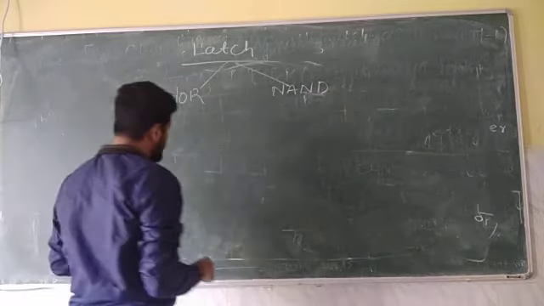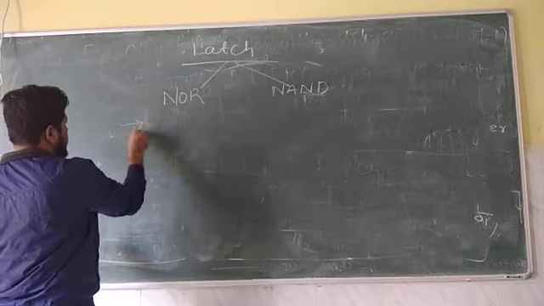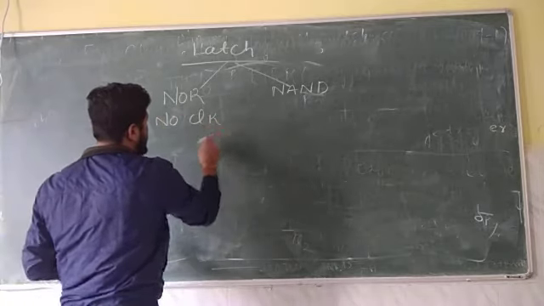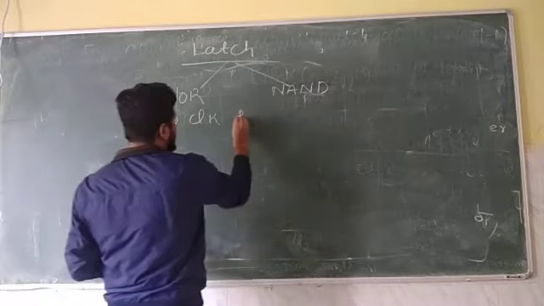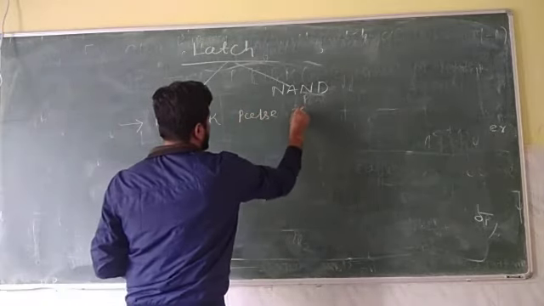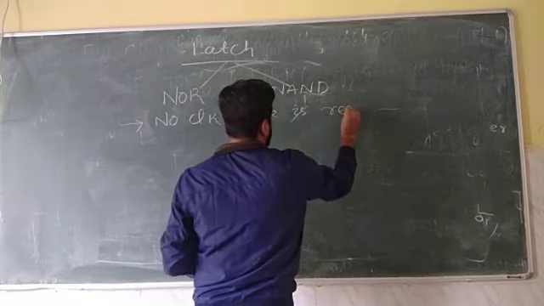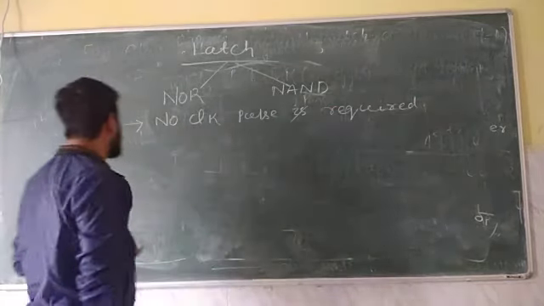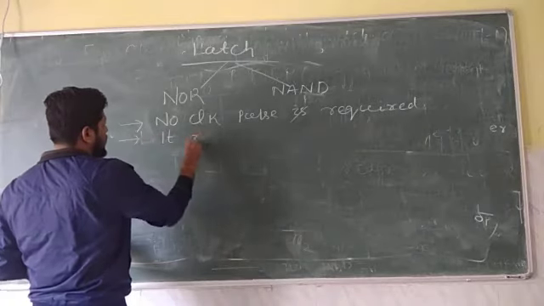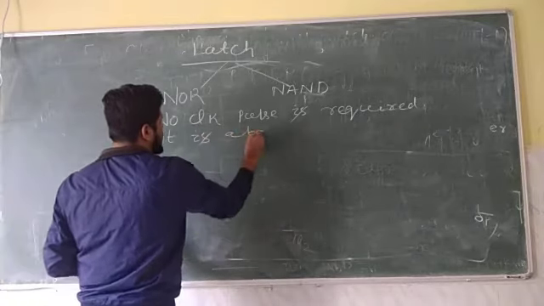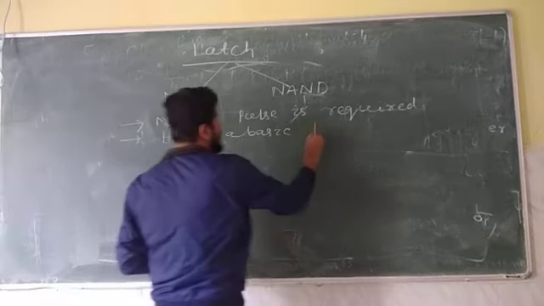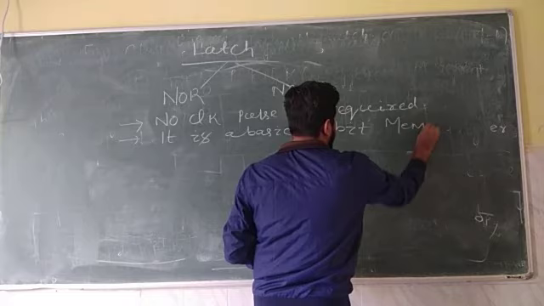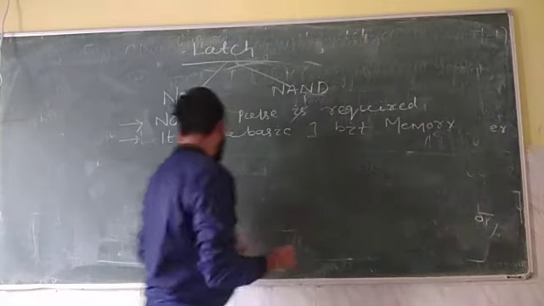And the second thing is, no clock pulse is required. CLK means clock. A clock pulse is required for sequential circuits in general, but the latch is a basic 1 bit memory element.